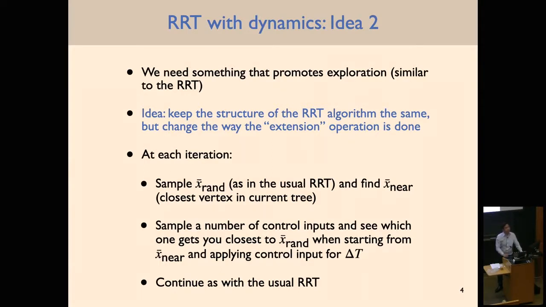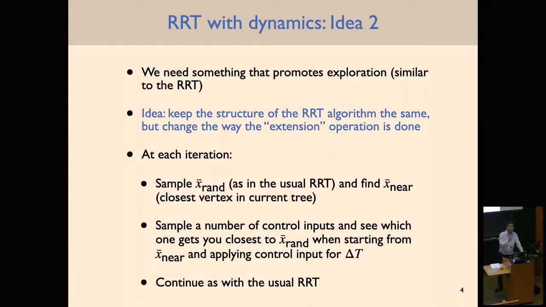Go ahead. Is there an optimal number of control inputs to choose? Because you could end up doing so much work in one iteration. Yeah, there's a trade-off here. There's no analytical optimal solution; it's something you have to figure out by trial and error for your specific problem.